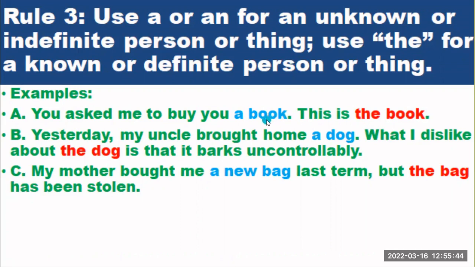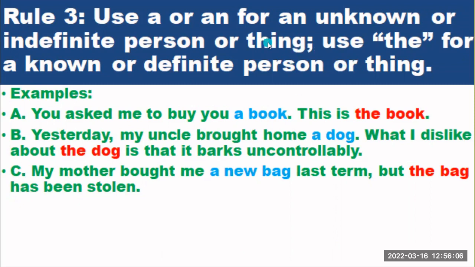All right, you asked me to buy a book. This is the first mention of the book, so you can't use a definite article. You asked me to buy you a book. Having bought the book, you can now say, this is the book, because this is already known to the listener.